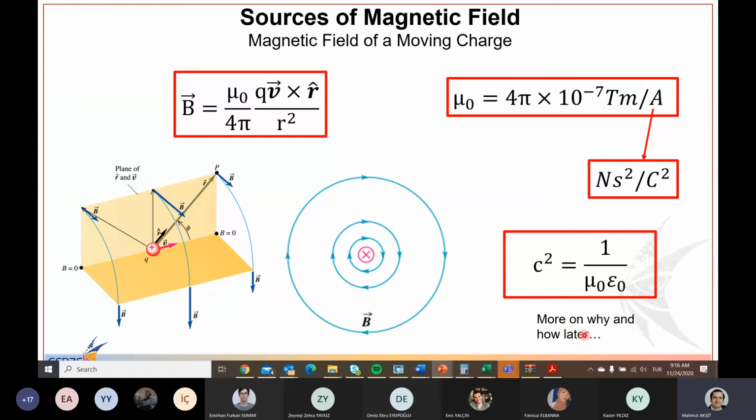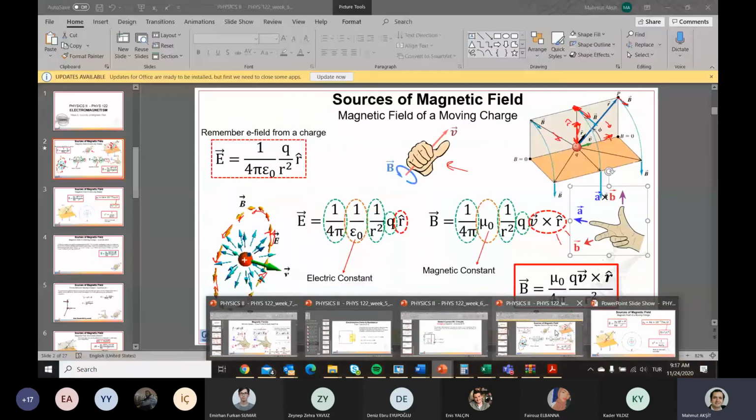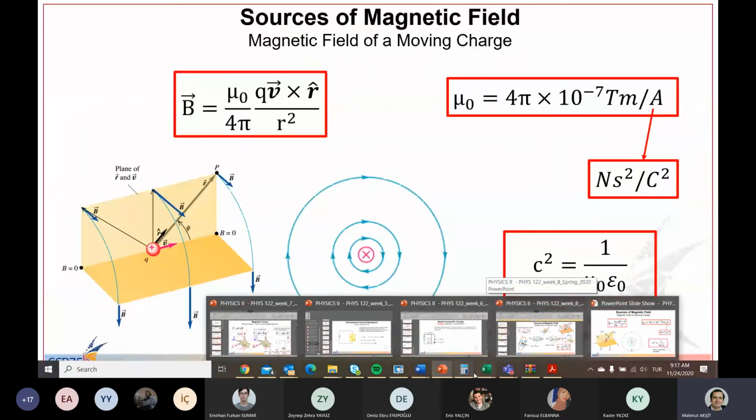Later in the course I will prove to you that 1 over mu0 epsilon 0 is equal to the square of the speed of light. There's an interesting relationship between mu0 and epsilon 0, and I will explain how we get there when we get into the details of Maxwell's equations later.